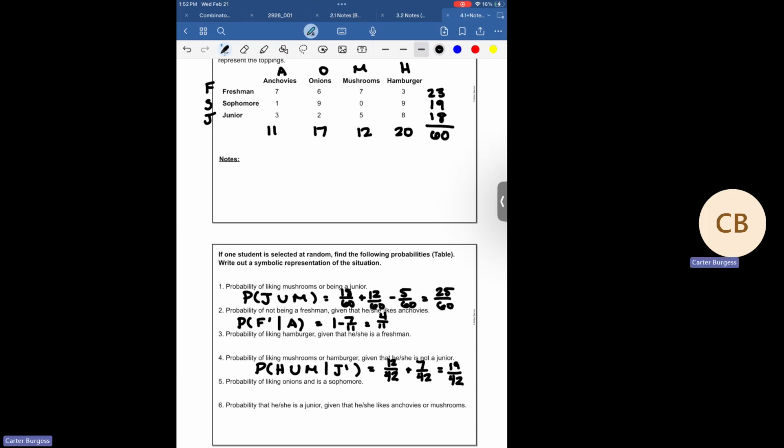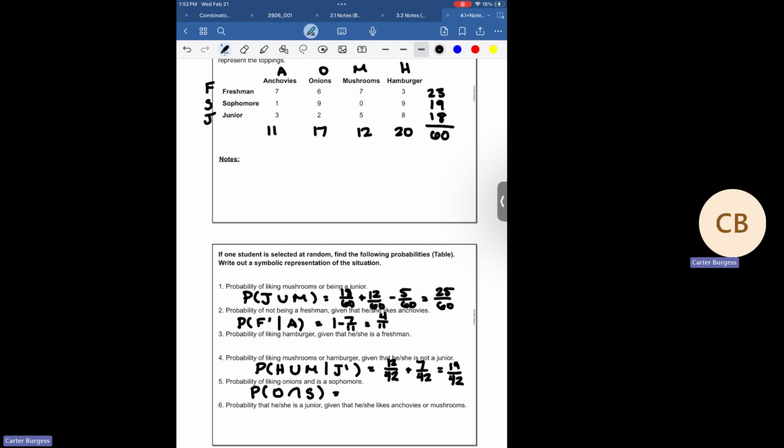Okay. Probability of liking onions and being a sophomore. How would I write this? O and S. All right, notice here it's not conditional. We're not making any assumptions that we know what's going on. We certainly could drum up some kind of conditional probabilities.